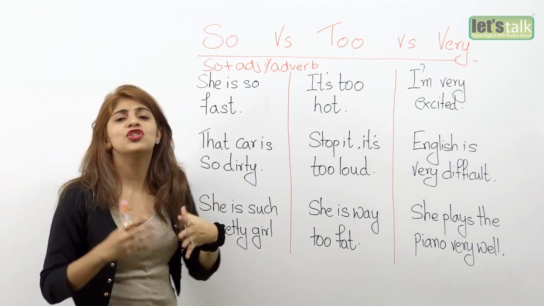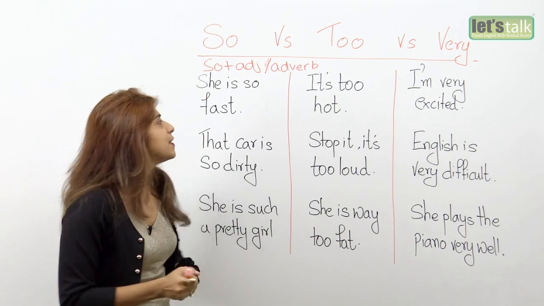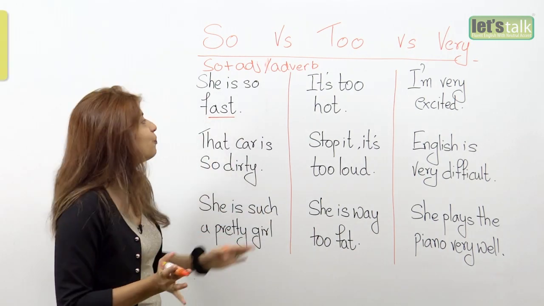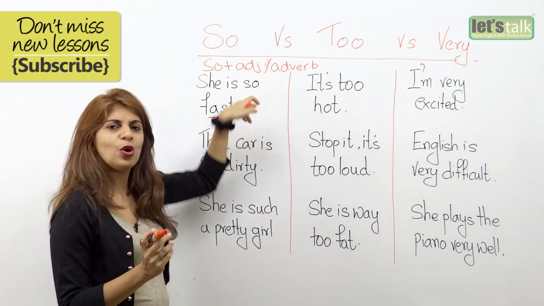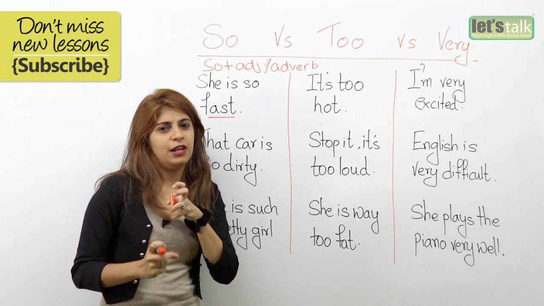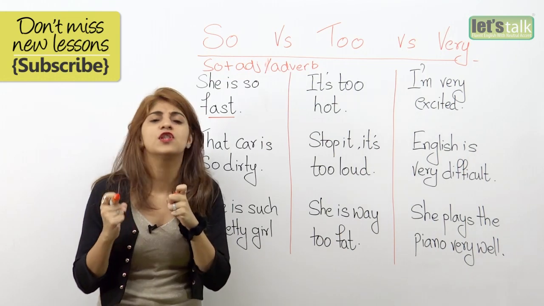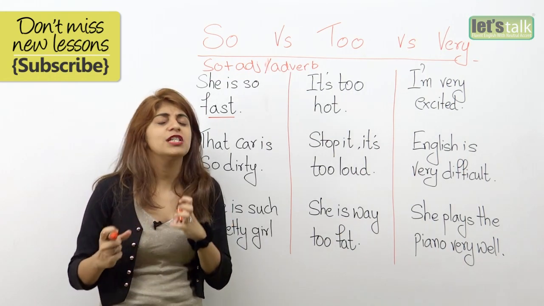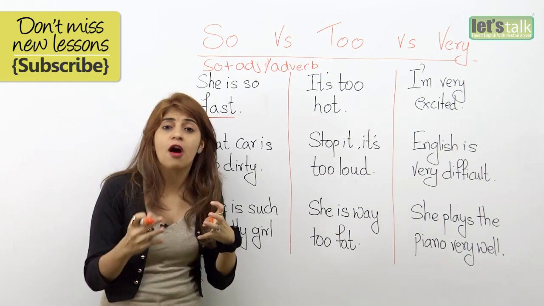She is so fast. Here, the word fast is an adjective and you're using the word so to add that extra information. You're not just saying she is fast, but she is so fast. So she's really fast.